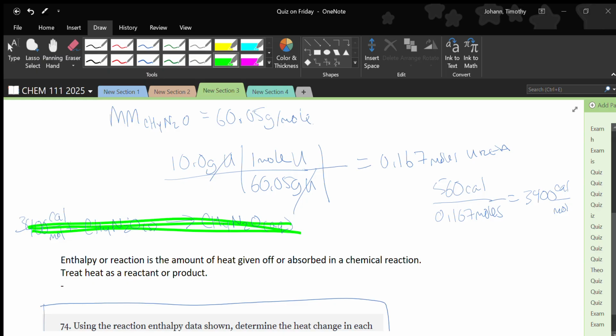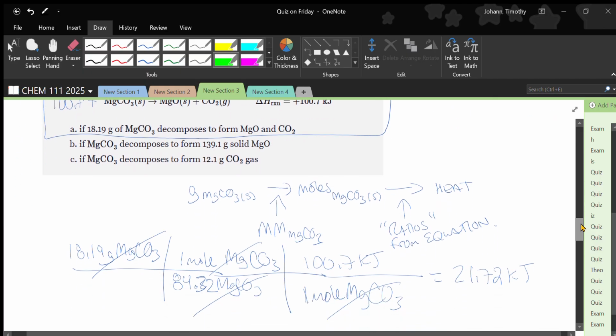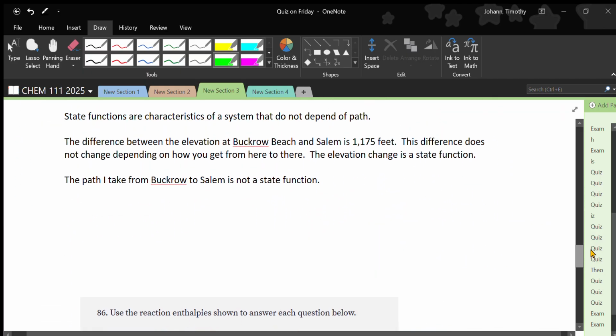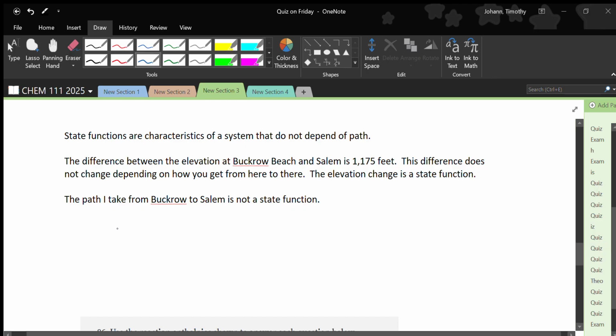It's a little bit weird, but I could do it by any path, but that solution would be the same. Okay? I could turn it into a gas and then I could redissolve it. Okay, so what I want to say then is change in enthalpy is a state function.